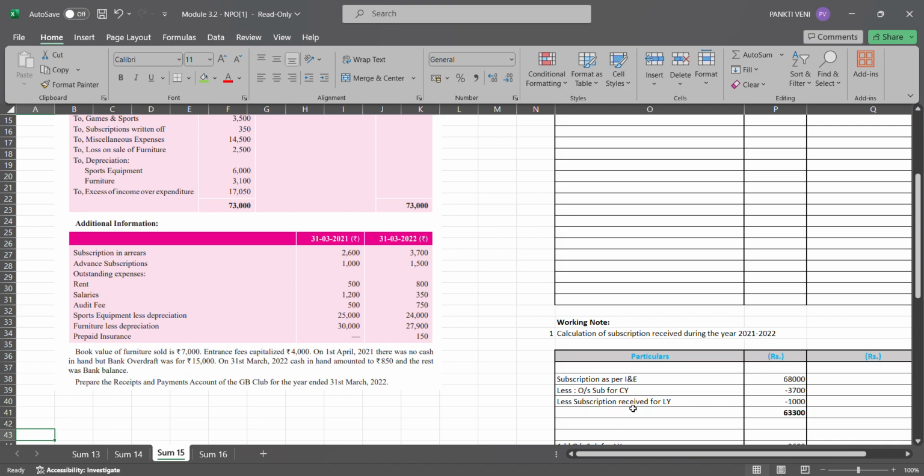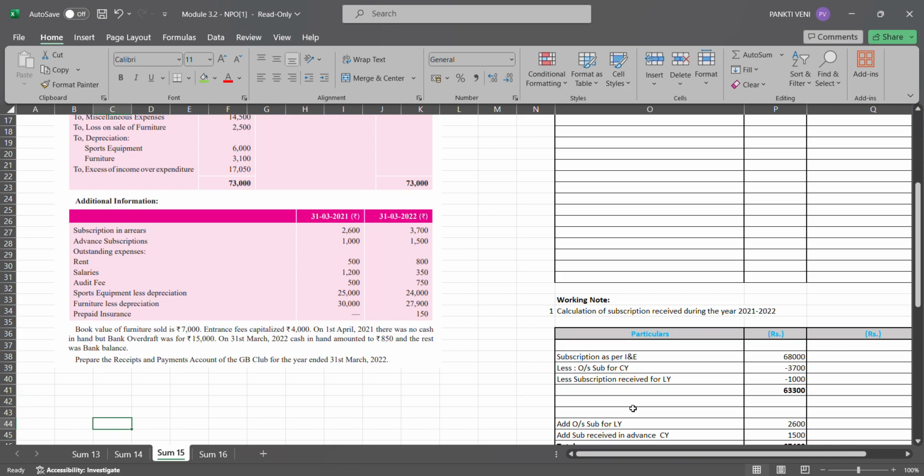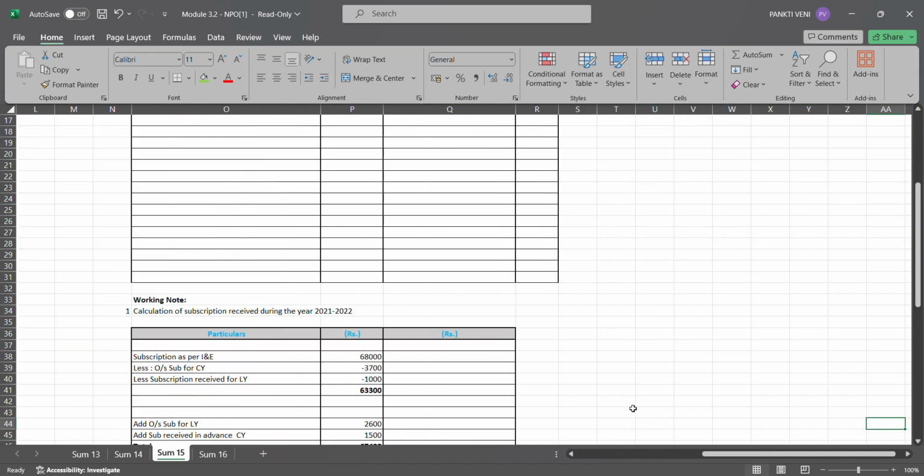So out of 7,000, if I remove my depreciation, I'll get 1,400. I'll remove my loss, 7,000 minus loss on sale of furniture, so 4,500 I'm getting.